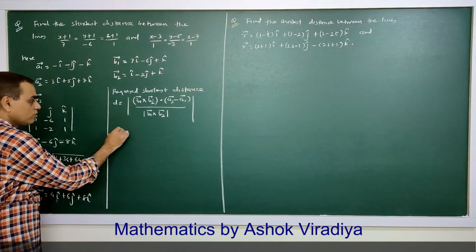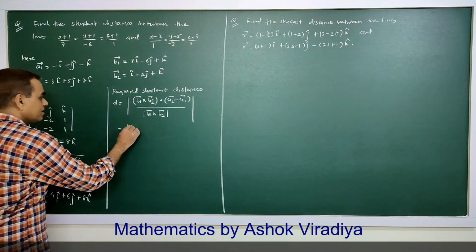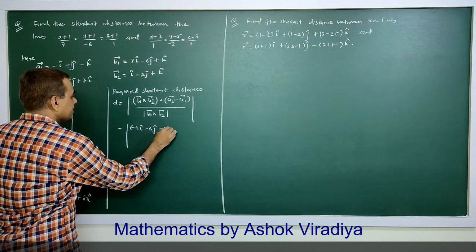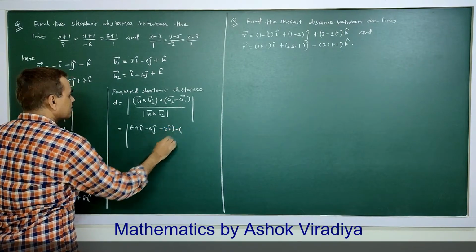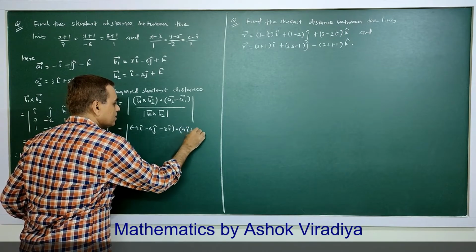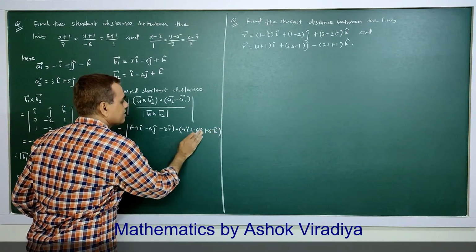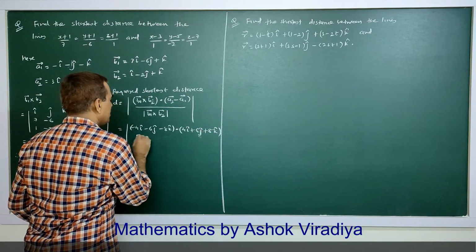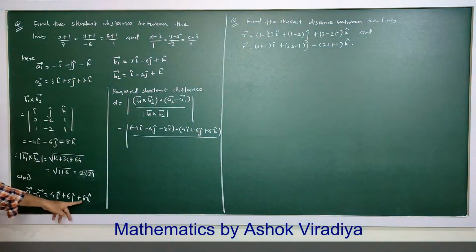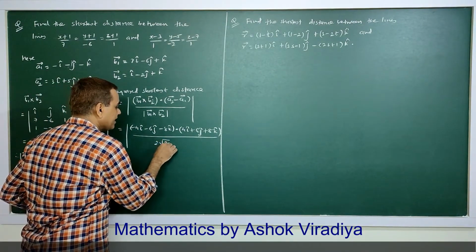So that is modulus of minus 4i minus 6j minus 8k dot A2 minus A1, which is 4i plus 6j plus 8k, upon magnitude of B1 cross B2, that is 2 square root of 29.